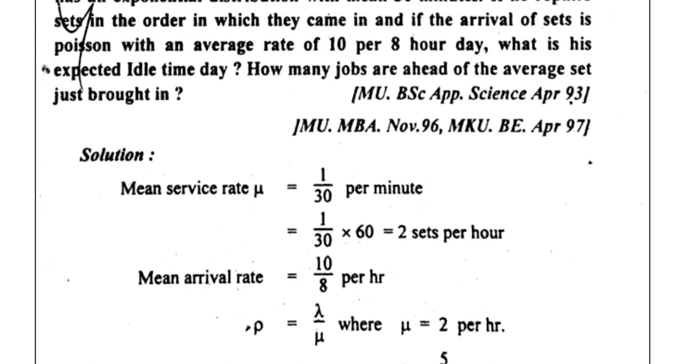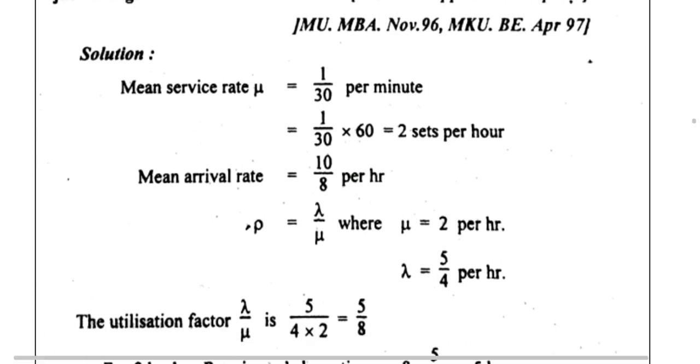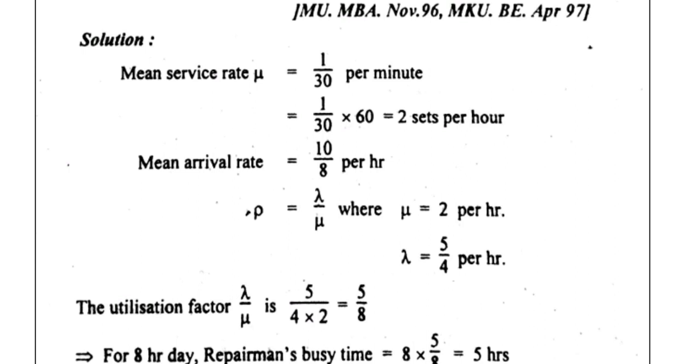After calculating these, lambda and mu, you will go with the mean value. So rho equal to lambda by mu, and lambda by mu equal to 10 by 8 divided by 2. Reciprocally, cancelling the value, we will get 5 by 4.